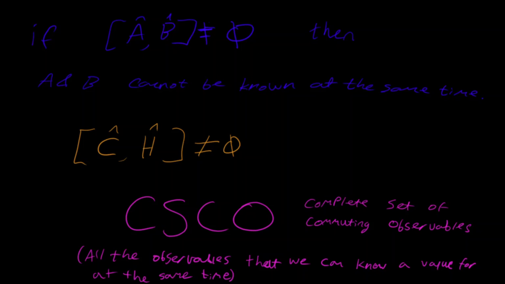Right? And so that's going to be one of our big problems in quantum mechanics, trying to find the complete set of commuting observables so that we can know everything that we're allowed to know about the system at once.